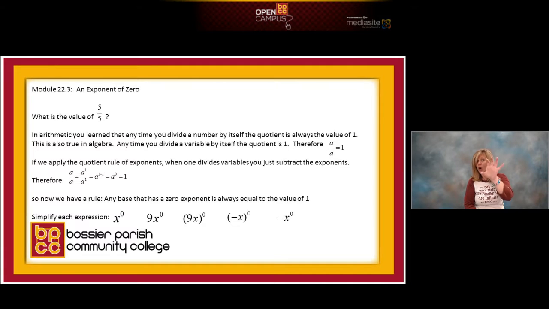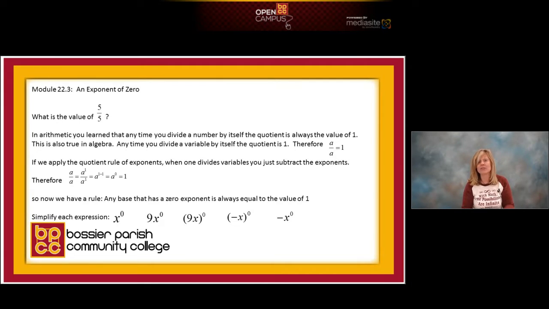If I just write good old A, the exponent's understood to be 1. And if I just write in the denominator good old A, the exponent's understood to be 1. And the rule is when you divide, you're supposed to subtract those exponents. Well, if the exponent is 1 and 1 and I subtract it, what do I get? I get a 0. Now, we don't write A to the 0. We know because we divided A by A, the same thing, the answer should be 1.